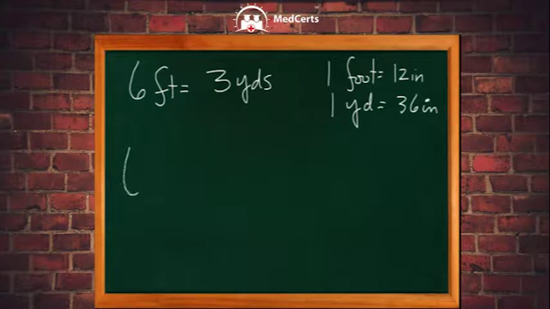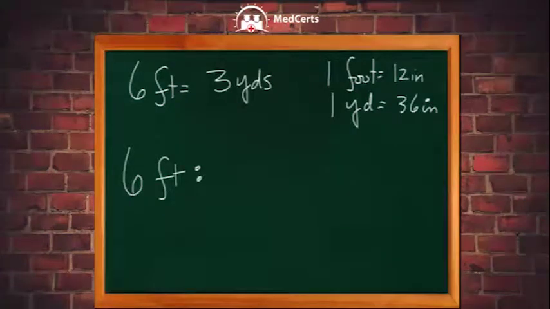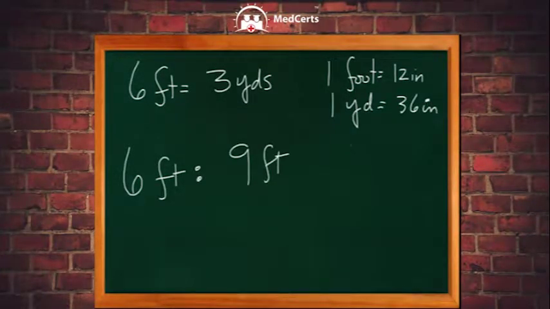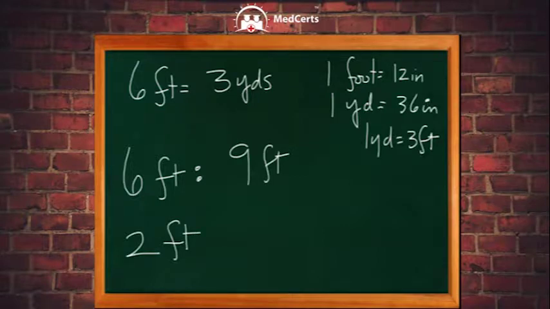So if we've got 6 feet in relationship to 9 feet, and if we reduce this to our lowest terms, because we also determined that 1 yard is 3 feet. So we look at our relationship, reducing the lowest terms will be 2 feet to 3 feet as our ratio.